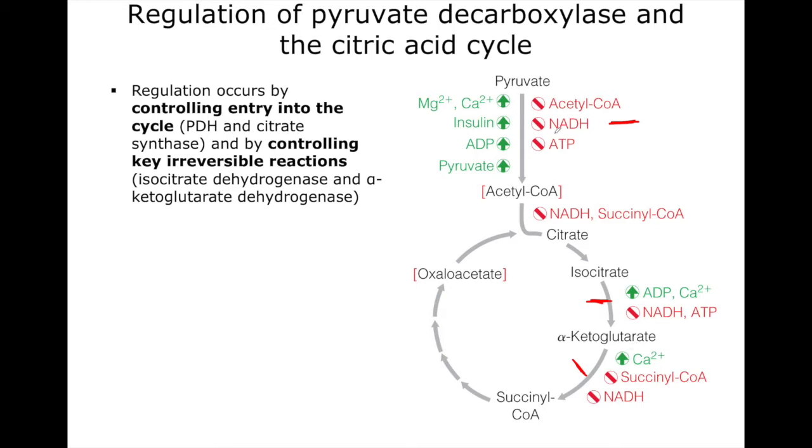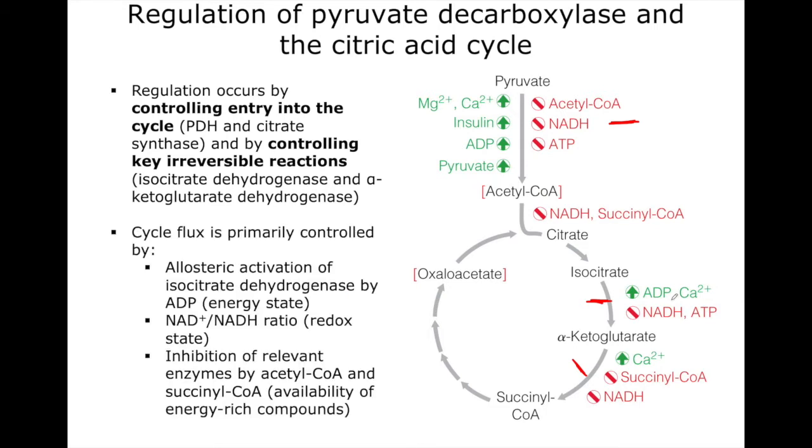Now, if you look at the figure here, there's a lot of different things going on. So let's take just a minute to try to make some sense of this before we get into it in any detail. There's really three major things that control the citric acid cycle. First, our enzymes are generally regulated by ATP and ADP. Not all of them, but some of them.